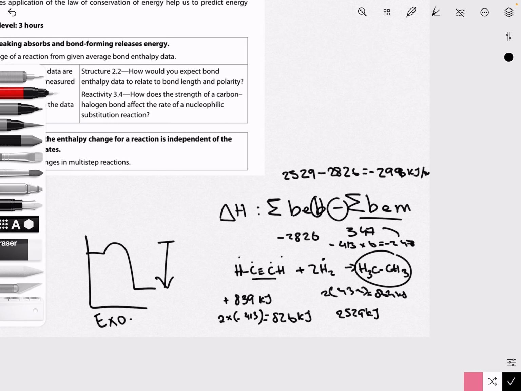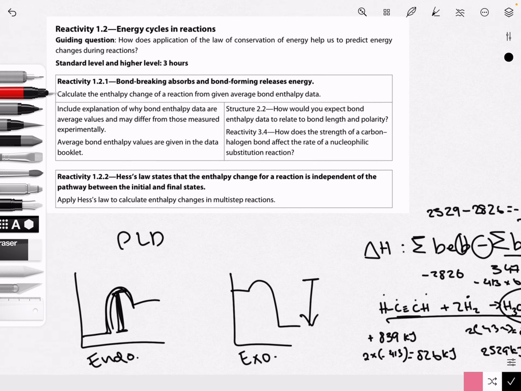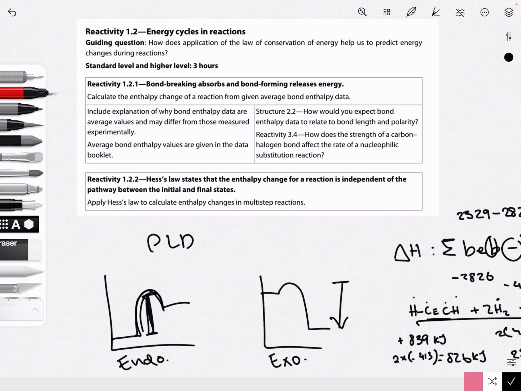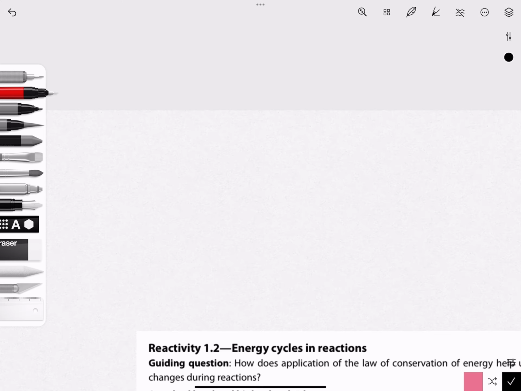So you can do this little thing that we did here for the hydrogenation, but if this reaction were to have a second step, we would then just go through the same process again, adding or subtracting the values as necessary. And next up, the final point in reactivity 1.2 for the standard level students will be in terms of Hess's law.